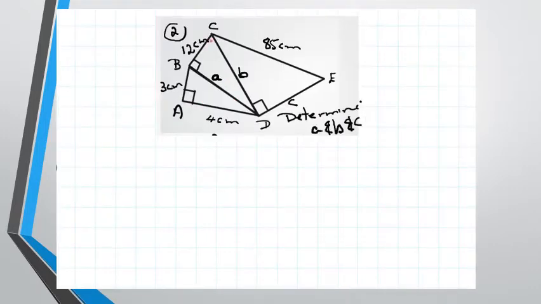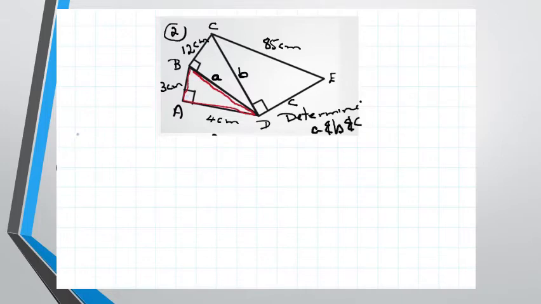Question number 2. Let's see what question number 2 is all about. First of all, I see I would like to determine the value of A. So I'm going to highlight the triangle at the bottom again. I grab a color pen and quickly highlight the triangle I would like to work with. I see that I'm working in this case with triangle ABD.